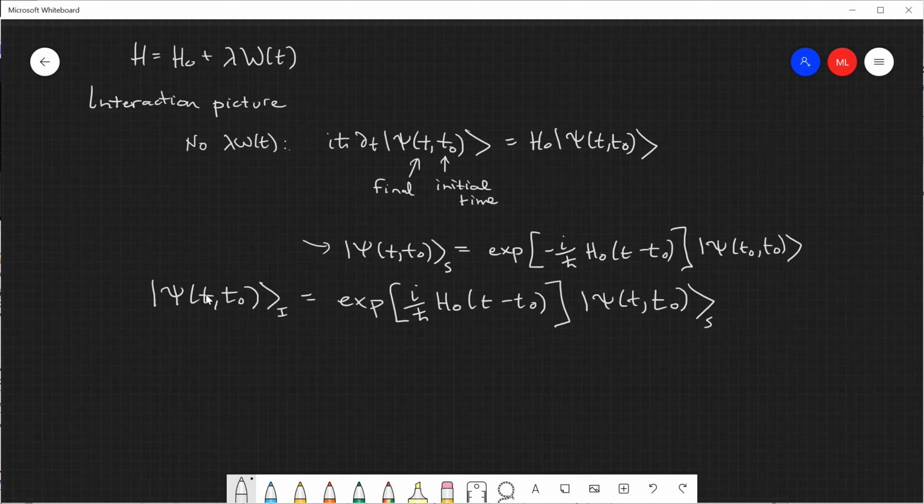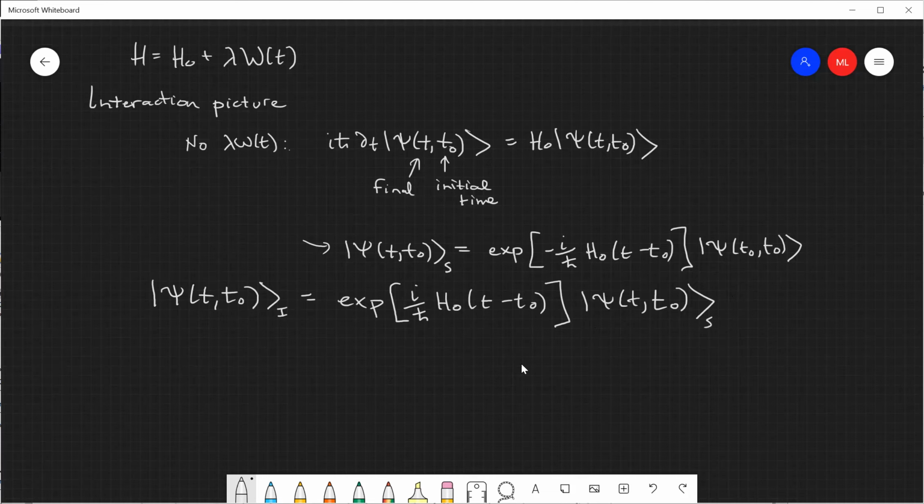So we define the interaction picture in such a way that whatever the unperturbed Hamiltonian is doing, it doesn't influence the dynamics at all. If there's no perturbation, the interaction picture state is just the initial condition. It doesn't change, doesn't pick up any phases, nothing. So that's kind of nice.